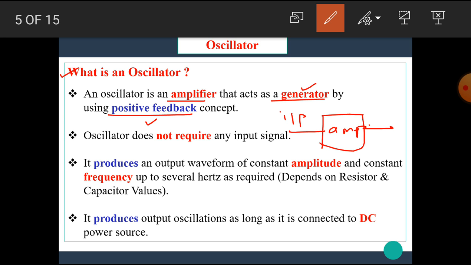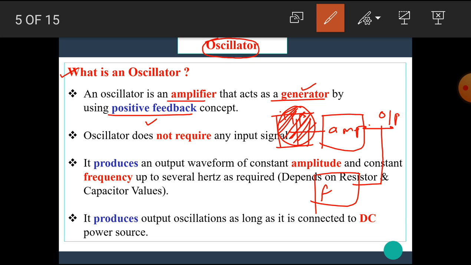Without input we cannot obtain the specific output, but the oscillator is an electronic device which does not require input. This is the very important thing about the oscillator: the circuit does not require any input signal. It gives us output by using the feedback network.